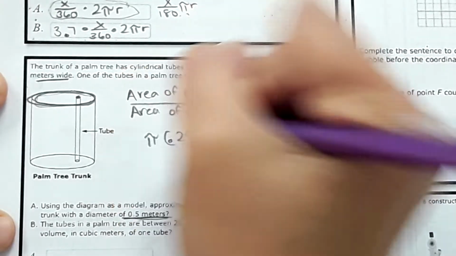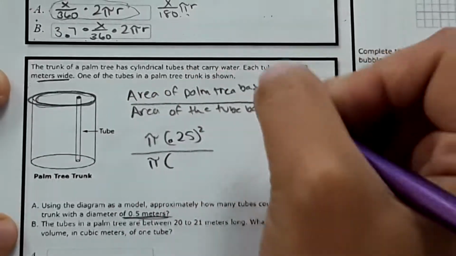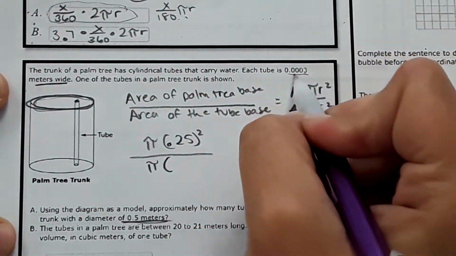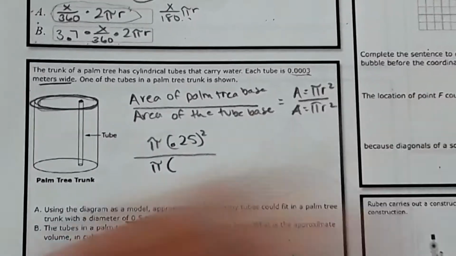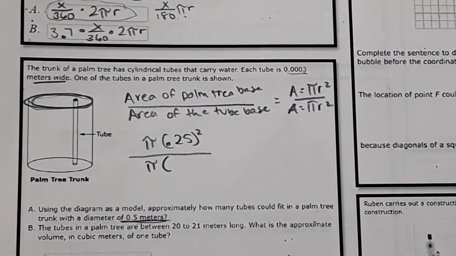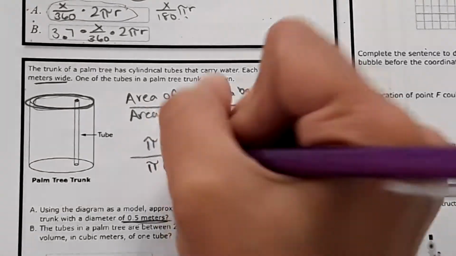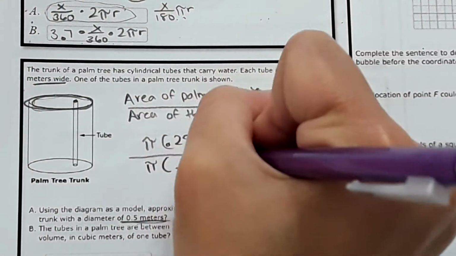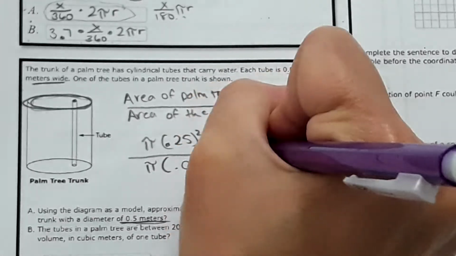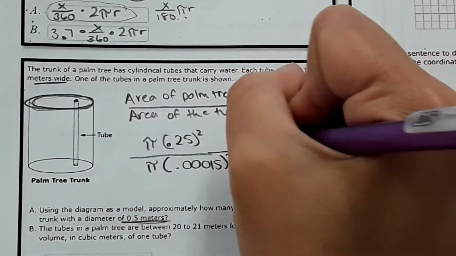Square that times pi, over pi times 0.003 divided by 2, which is 0.0015 squared. Then you would divide this out and you get this number.